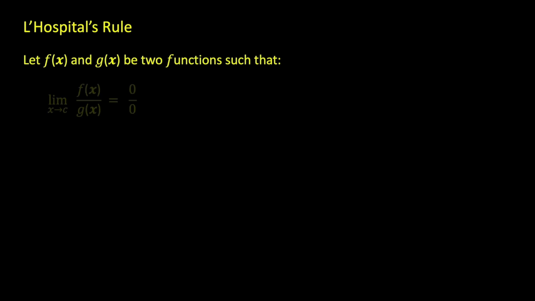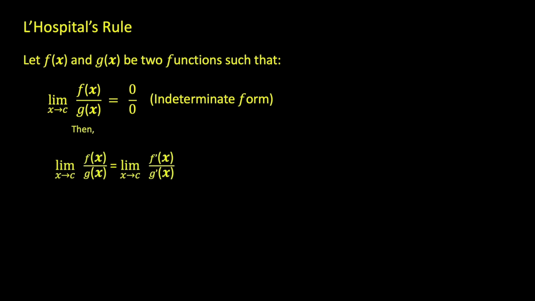There's finally an interesting application of derivatives in evaluating limits, L'Hopital's rule. Let f of x and g of x be two functions such that f of c by g of c goes to 0 by 0 form, which is an indeterminate. That's why we take help of limits to find limit x tends to c f of x by g of x, and there we can use L'Hopital's rule.